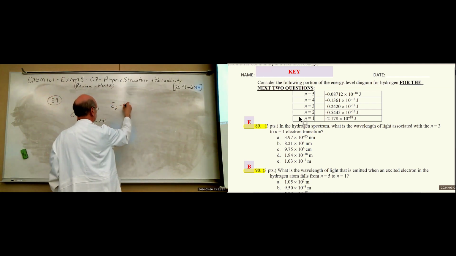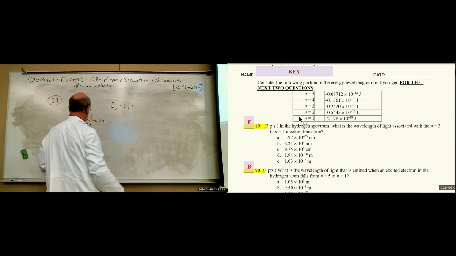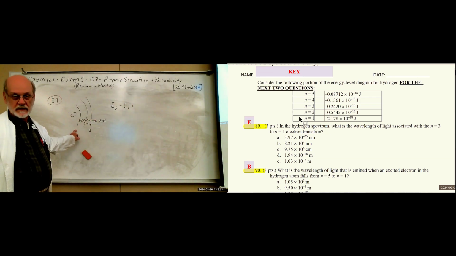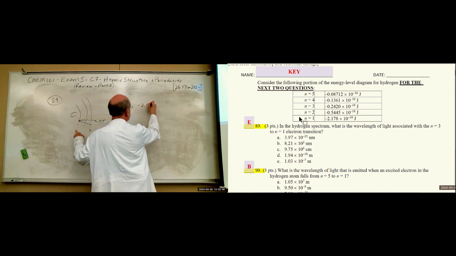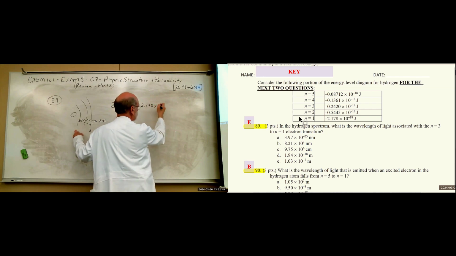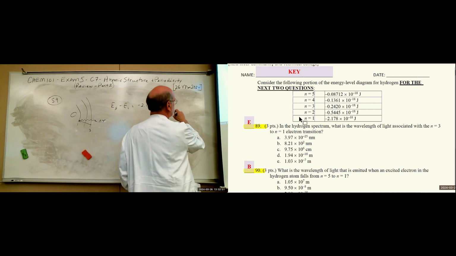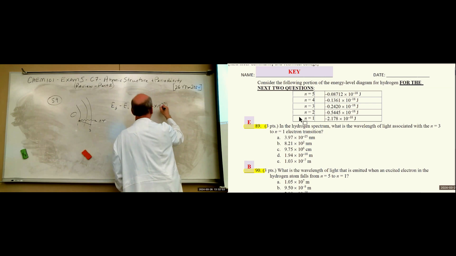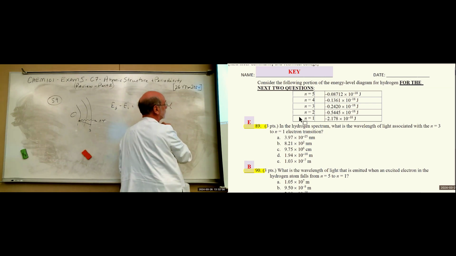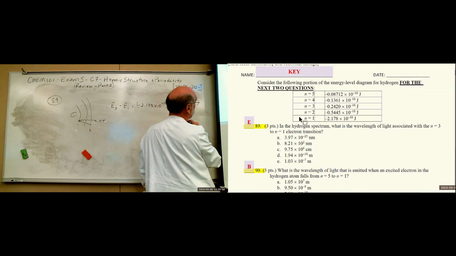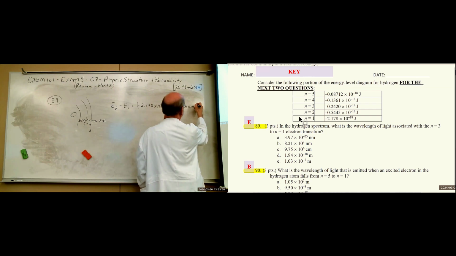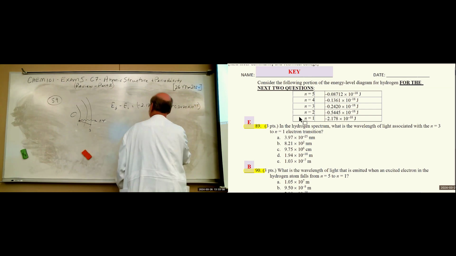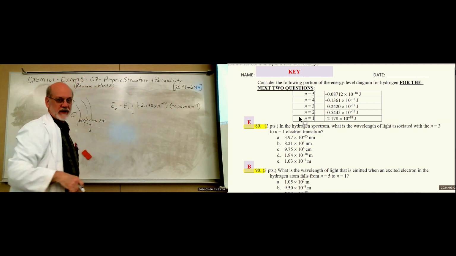The final is 1, so minus 2.178 times 10 to the negative 18 joules. And then we subtract the initial, which is 3, minus 0.2420 times 10 to the negative 18. Okay, and that'll give us the energy of that transition.